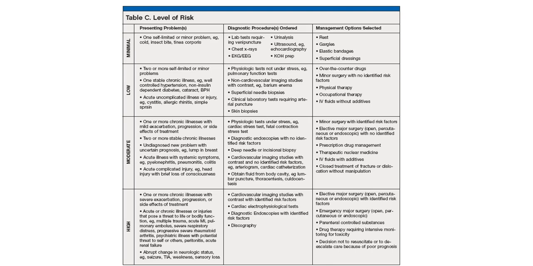And then moderate and high, these are the two areas. Deciding whether it's one or the other, moderate or high, is really where some detailed examination needs to come in. So you can see the difference between the two, particularly when we talk about the types of conditions. So a moderate level of risk is someone who may have one or more chronic illnesses that is normally fine but might be a little irritated today.